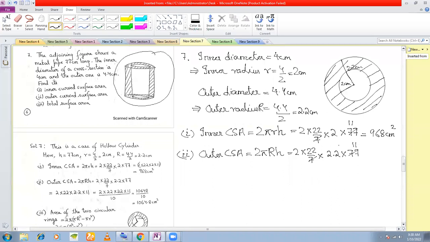So 2 into 22 into 2.2 into 11. Okay. So this outer curved surface area, you can change this to a fraction also. 2 into 22 into 22 into 11 divided by 10. So now if you multiply this, you're going to get 10,648 divided by 10. So we'll shift one decimal to the left, you'll get 1064.8 centimeter square. Okay, this is the outer curved surface area.